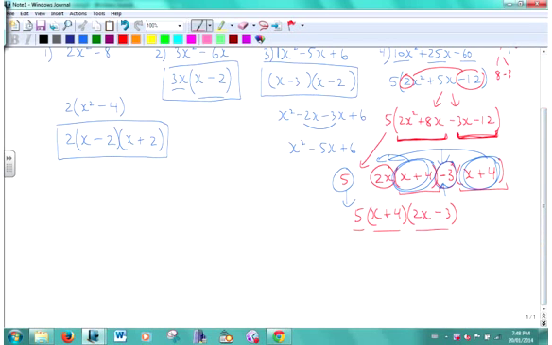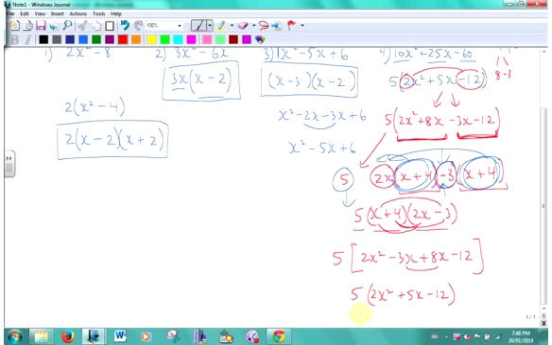Let's just do that quickly. That's 5 times, if I FOIL this, I get 2x squared minus 3x plus 8x minus 12. Okay, I can collect those, and that gives me 2x squared plus 5x minus 12.